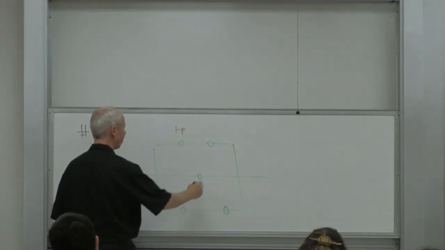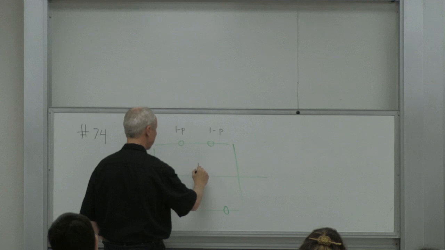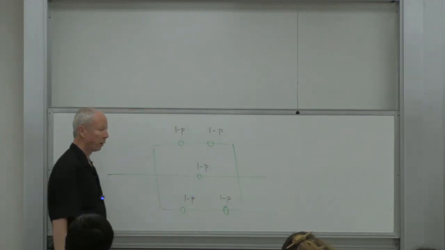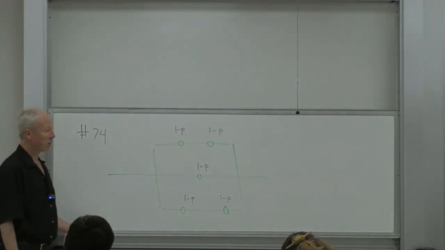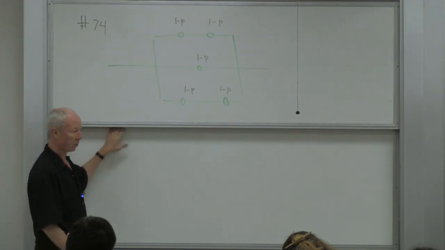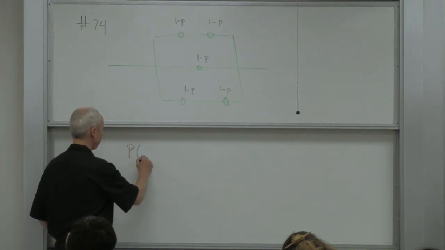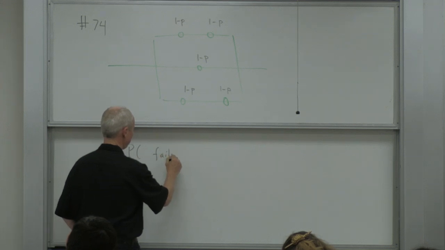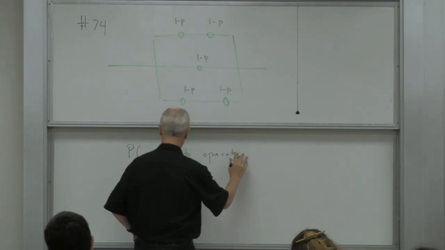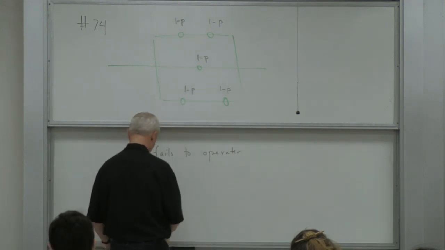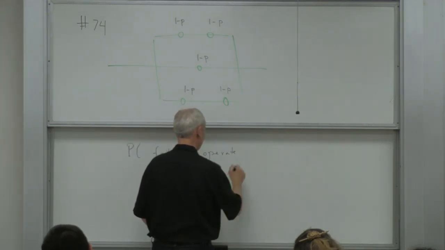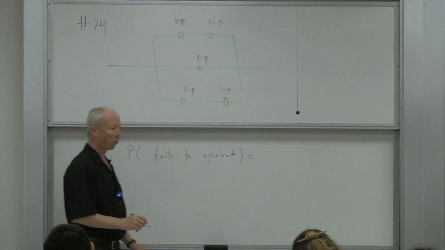This one is open with probability 1 minus p. This one's open with probability 1 minus p. This one with probability 1 minus p, etc. So you might ask, what's the probability that it fails? That would be 1 minus the probability that it works, right? How could it fail?